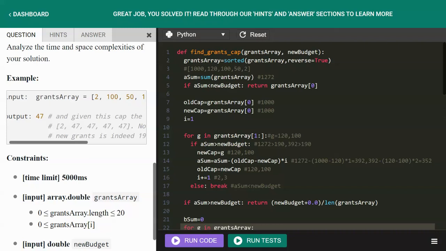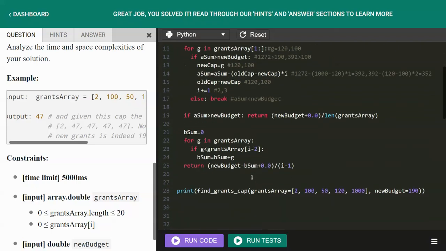For space complexity, it is big O of 1. We didn't use any actual array in here. We do the sorting in place. We have one or two variables here and there, but this is just big O of 1. We didn't have an actual array to help us. Yeah, so that's the algorithm and the solution.